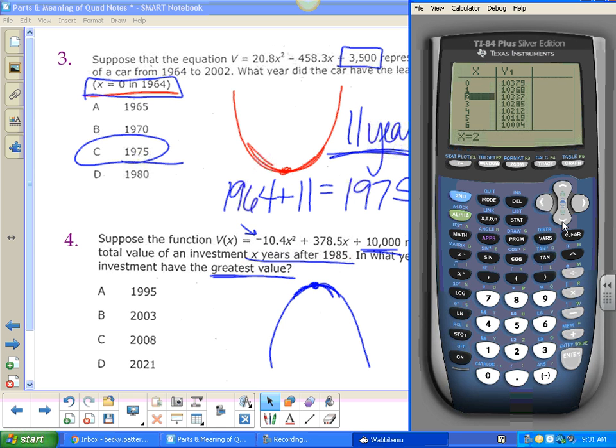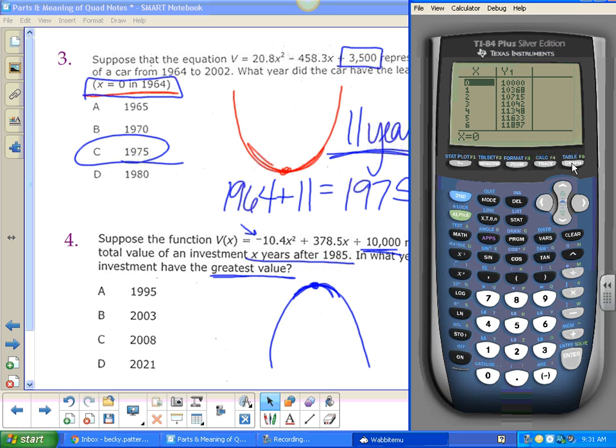So I want to know, when does it have the greatest value? I've typed something in wrong. Hold on. Negative 10.4x. Oh, I don't have an x. There it is. There we go. Okay, so now we're typed in. So now let's go to our table.